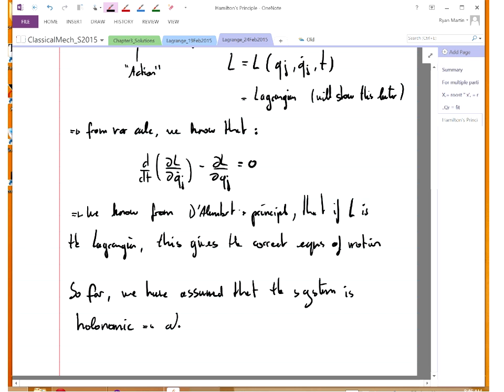What we've assumed is that all the q_j are independent. In the example we just did, we had two masses connected by a rod, and we argued by ourselves, bringing the degrees of freedom down to 1. It's a holonomic system because that 1 degree of freedom is obviously independent.